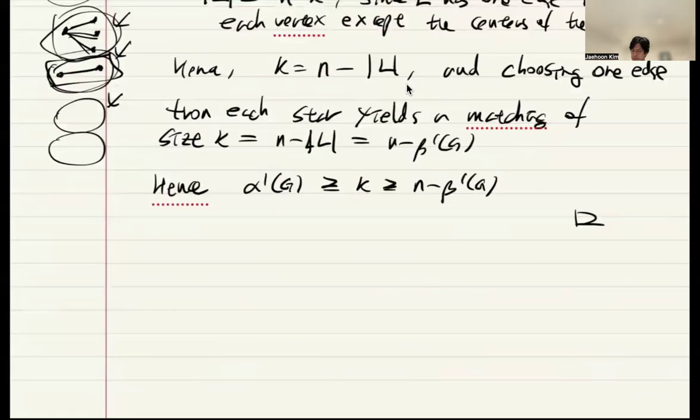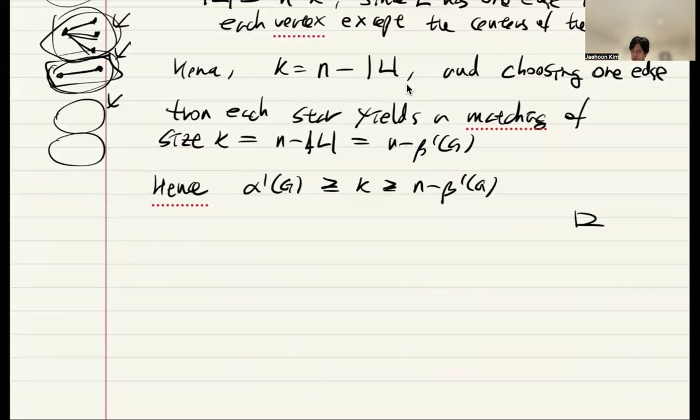Okay, so in this lecture, the previous video and this video, we proved Hall's theorem and Koenig-Egervary theorem, which give us some tools to compute the size of the maximum matching in a given bipartite graph.